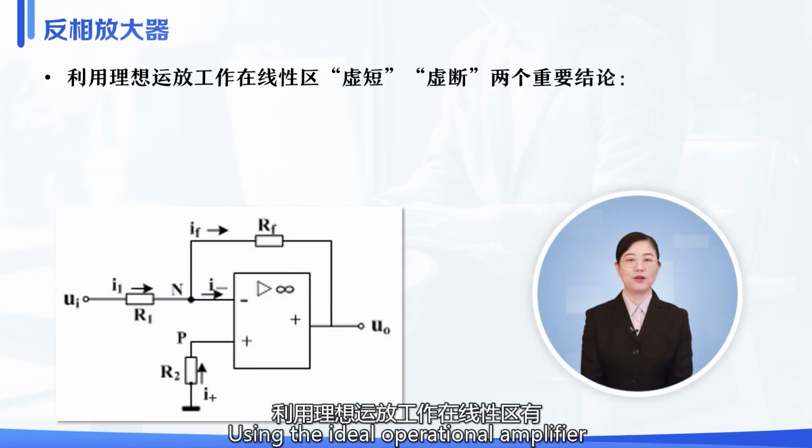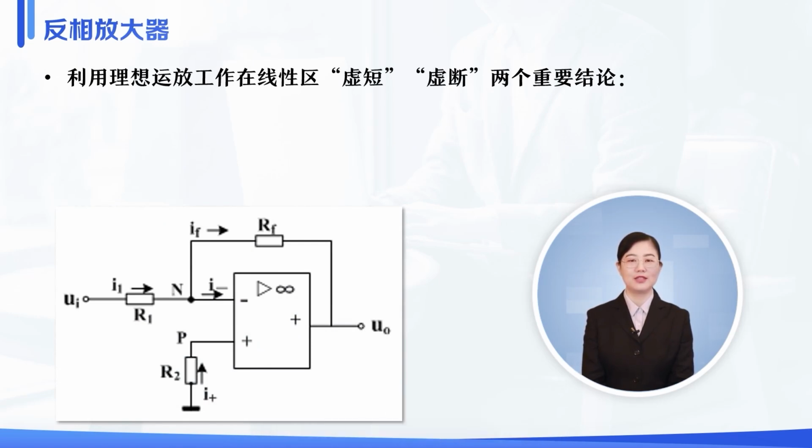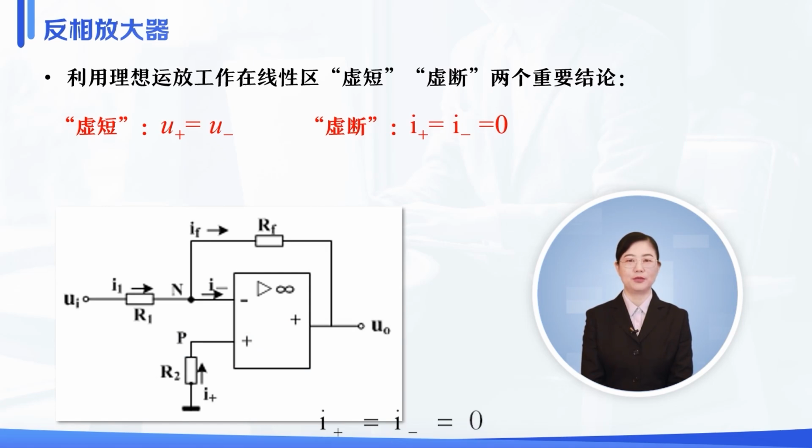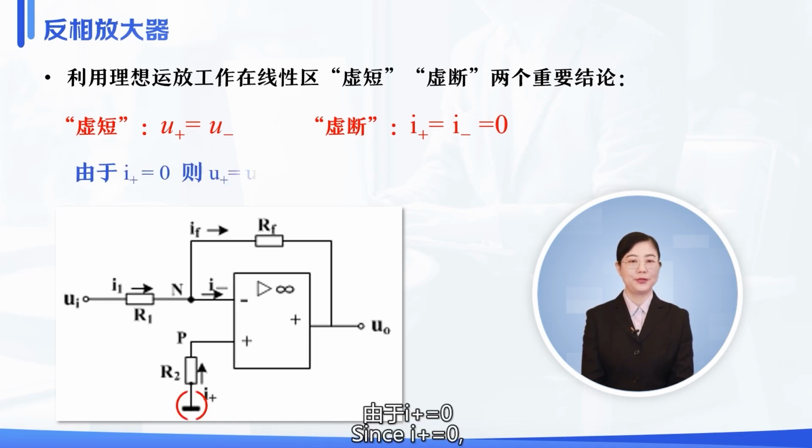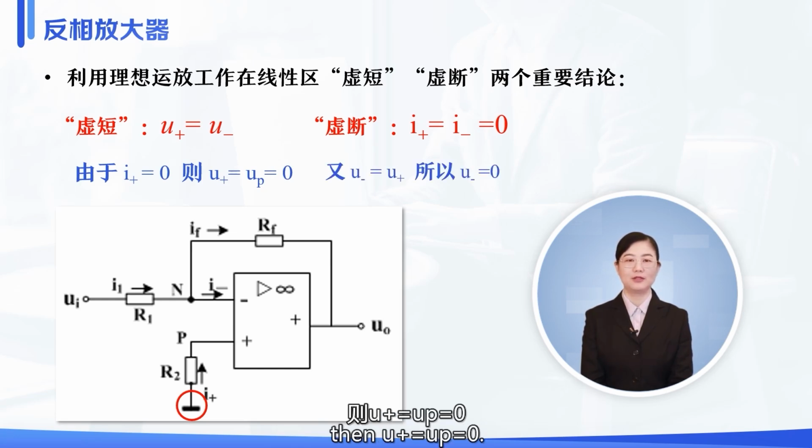Using the ideal operational amplifier working in the linear region, there is virtual short: U plus equals U minus, and virtual break: I plus equals I minus equals 0. Two important conclusions. Analyze as follows. Since I plus equals 0, U plus equals UP equals 0.